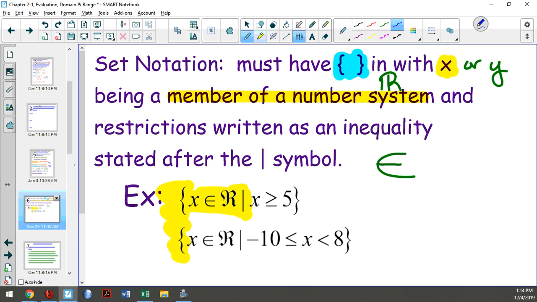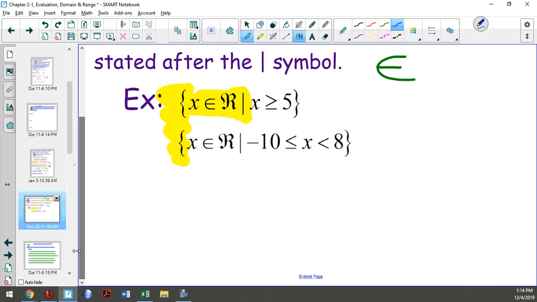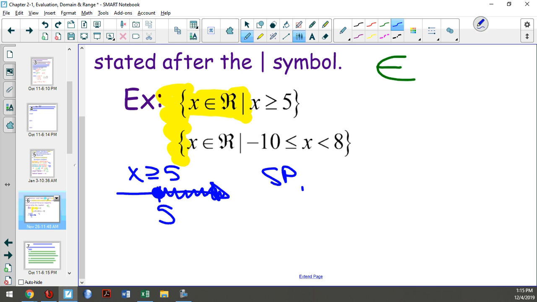Now, how do I write these two things right here in interval notation? How do I write x is greater than or equal to 5? Well, if x is greater than or equal to 5, here's 5. Would you agree with me? Is it open or closed at 5? Closed, and where is x going to be? To the right of it or to the left of it? To the right. So, with that being said, I have a starting point and then an ending point.